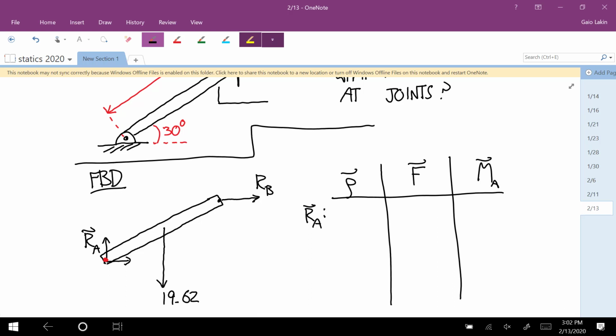As long as you do it where there's a force, one of your row vectors is going to be 0. So the row vector for RA is 0. The force is RAX, RAY. Cross product is 0.